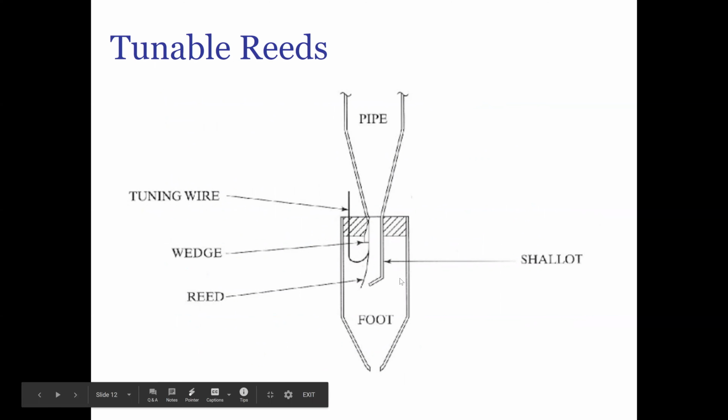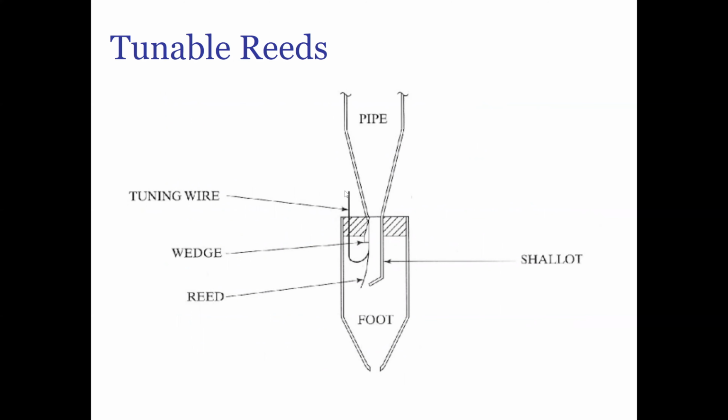Some pipe organs will have a tunable reed. They have a tuning wire, which allows you to reposition where the reed is pressed on. So if you push this down, say, pressing here, that's not going to allow this to move quite as much.